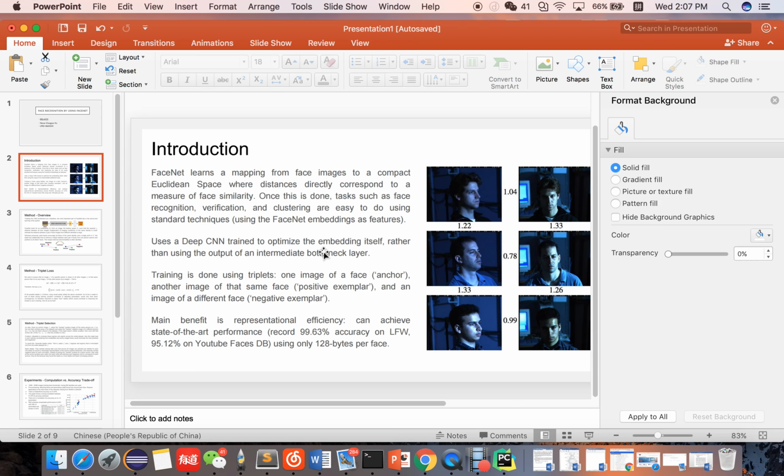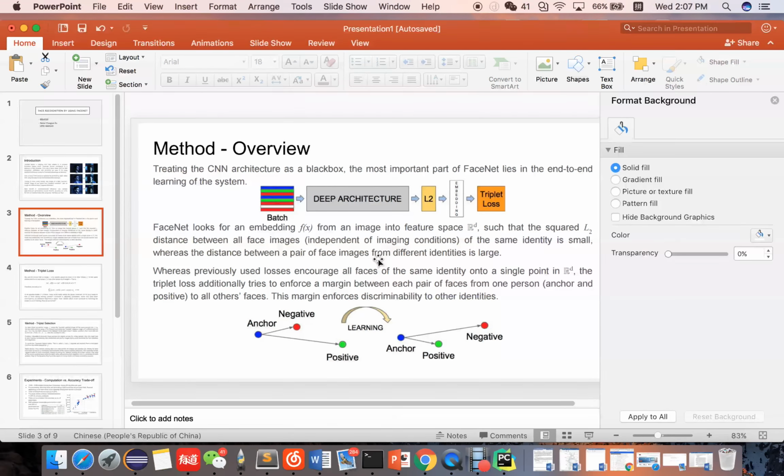After we map them, we can use a CNN to train the distance and embedding itself. And this part tells a method of how to implement the algorithm.